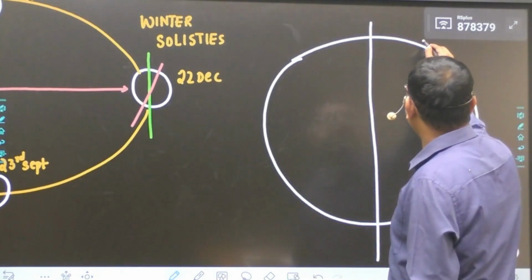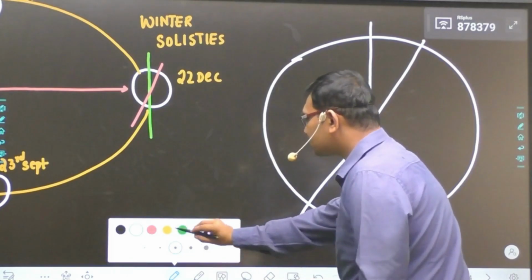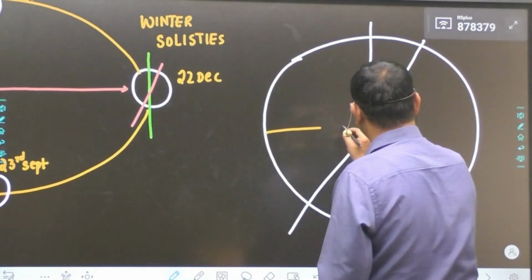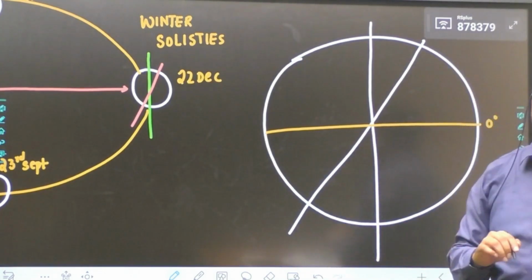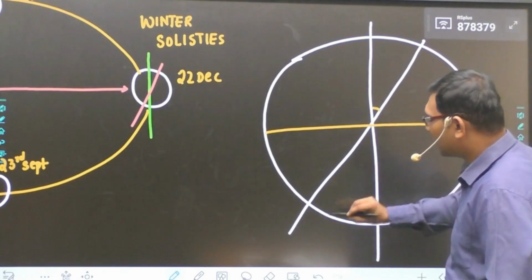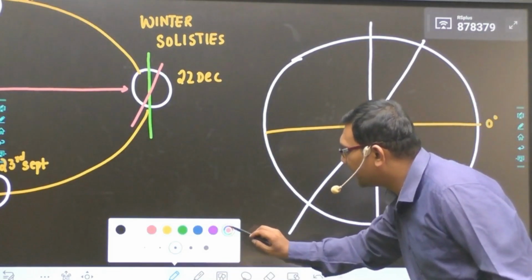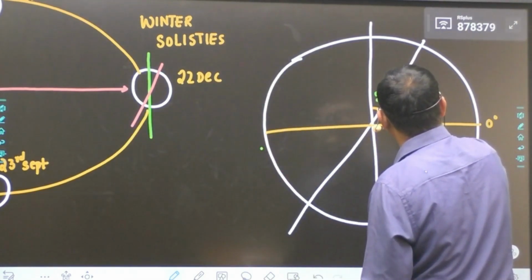Earth is inclined. This is your 0 degree. Am I right? Now, at what angle is it inclined? This is your angle. It is inclined at 23.5 degree.